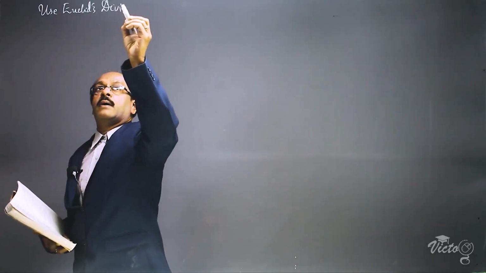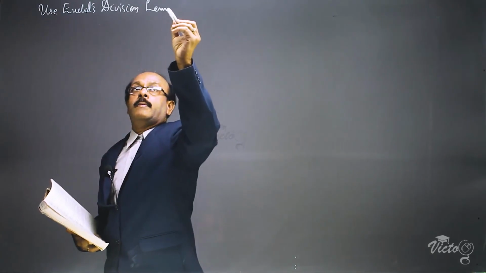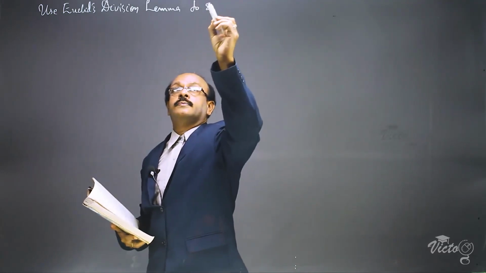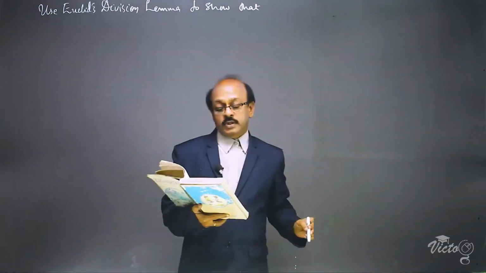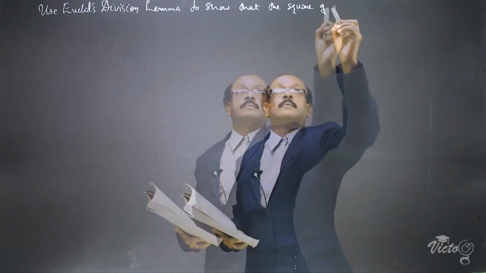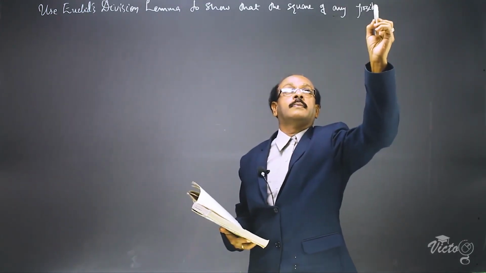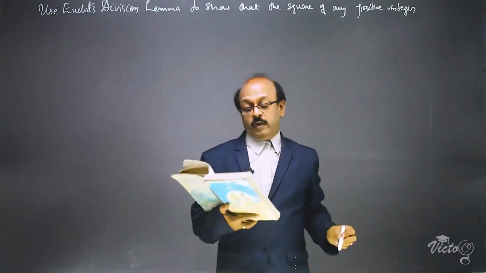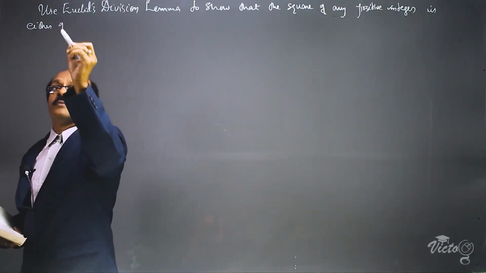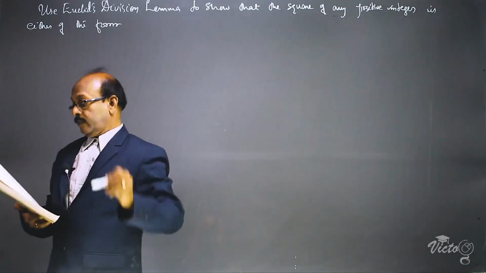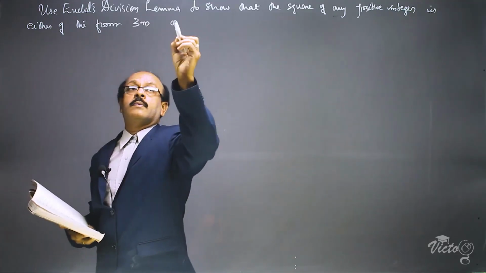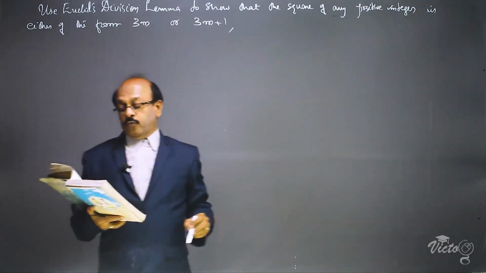Next question. Use Euclid's division lemma to show that the square of any positive integer is either of the form 3m or 3m plus 1 for some integer m.